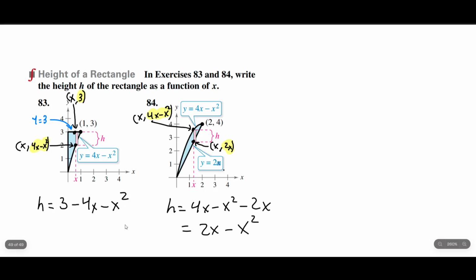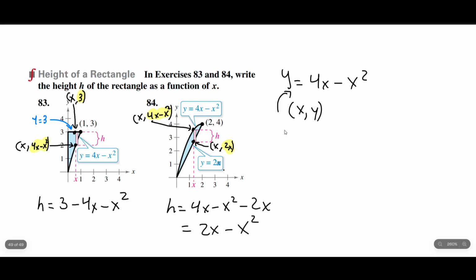So these are our two answers. Hopefully the logic makes sense, right? We know that if we have y equals 4x minus x squared, x comma y must belong to this function right here. Same thing here.